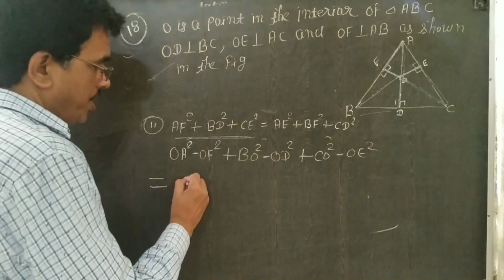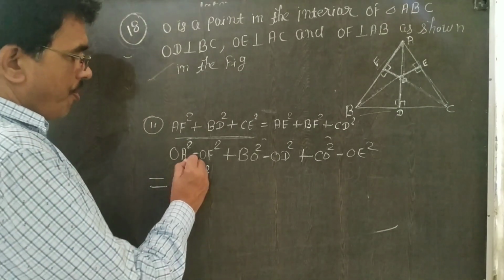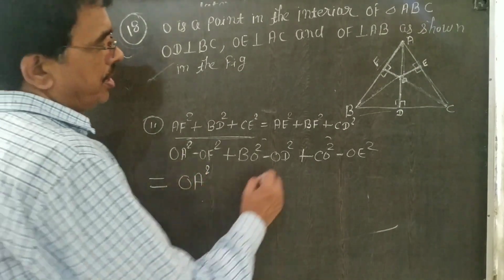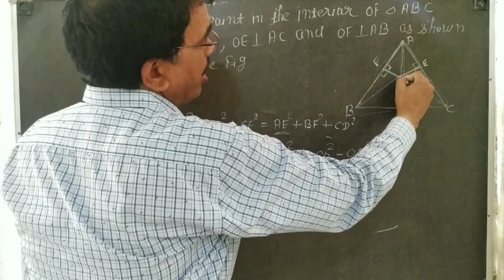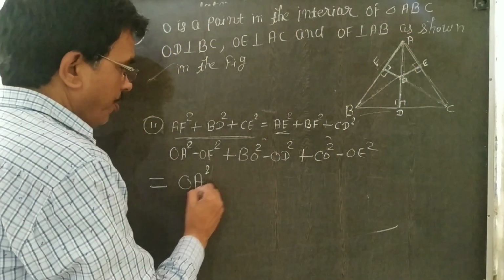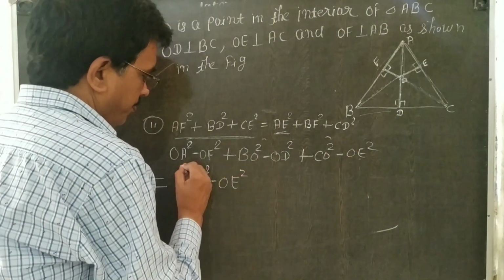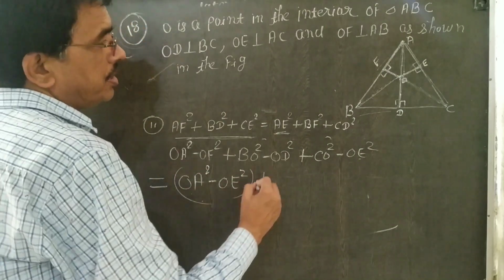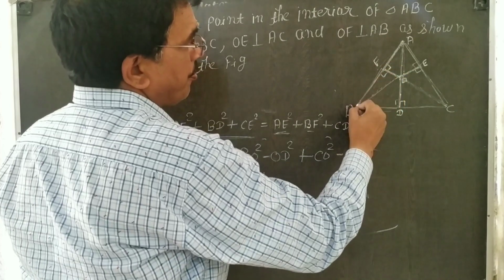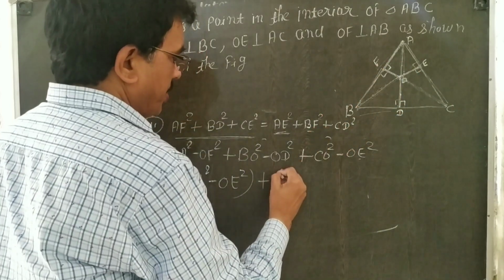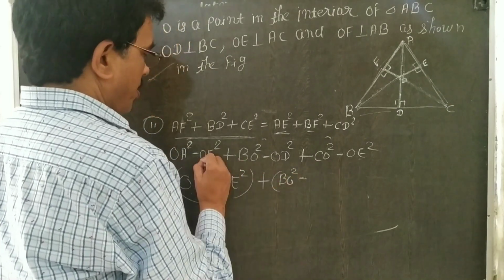Next it is OA square. You have to find AE square: OA square minus OE square. So you write OA square minus OE square from here. Plus, next is BF. Here BF square is BO square minus OF square.